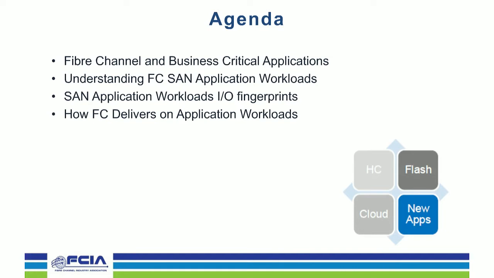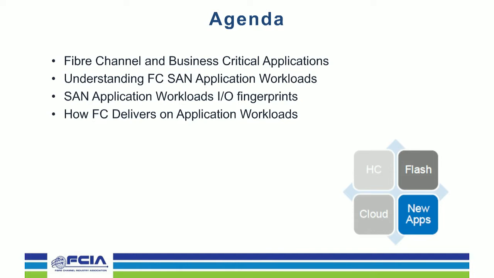Today the plan is that Barry and I dissect what it means in terms of business critical applications, what kind of workloads we are talking about, and how Fibre Channel SANs and the inherent and underlying technologies underneath it help deliver a highly available, high performance, reliable and low latency transport and network that allows customers to put their applications on Fibre Channel.